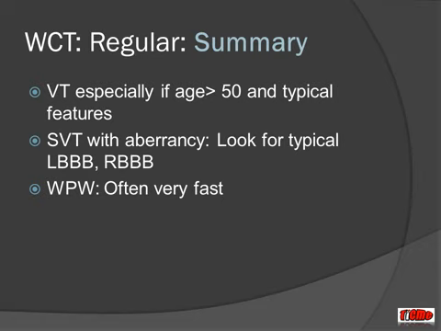And the other possibility is an accessory pathway seen in conditions like Wolff-Parkinson-White disease, and often these rhythms are very fast because the depolarization is occurring via that accessory pathway.